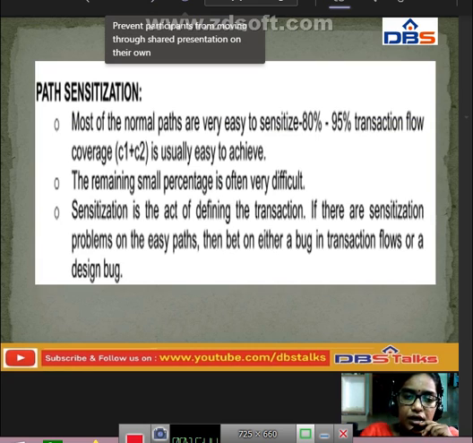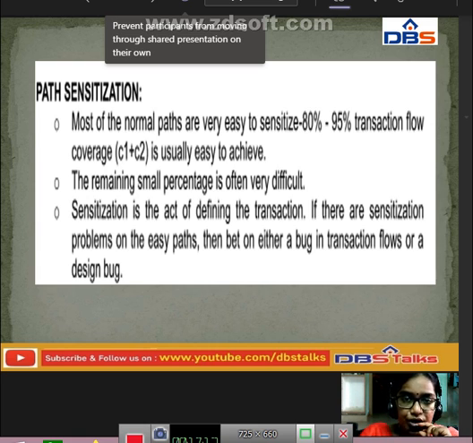Now let us see how we are going to sensitize a path. Most of the normal paths are very easy to sensitize, from 80 to 95%. Here the transaction flow coverage is usually easy to achieve. But what is the normal path, what is the critical path, what is the sensitizable path, and what is the transaction flow path? First, we have to see the normal paths.